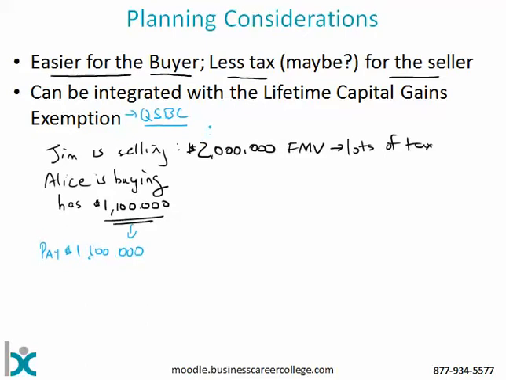It actually doesn't have to be to use the reserve, but it does have to be in order to use the lifetime capital gains exemption. These two things often go hand in hand. So Alice pays $1,100,000 right now, but she gets 100% of the shares. She gets the whole business.